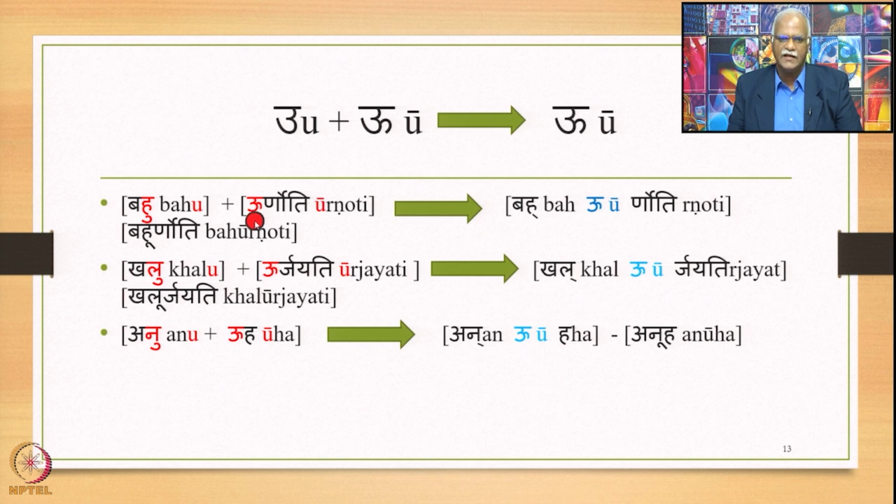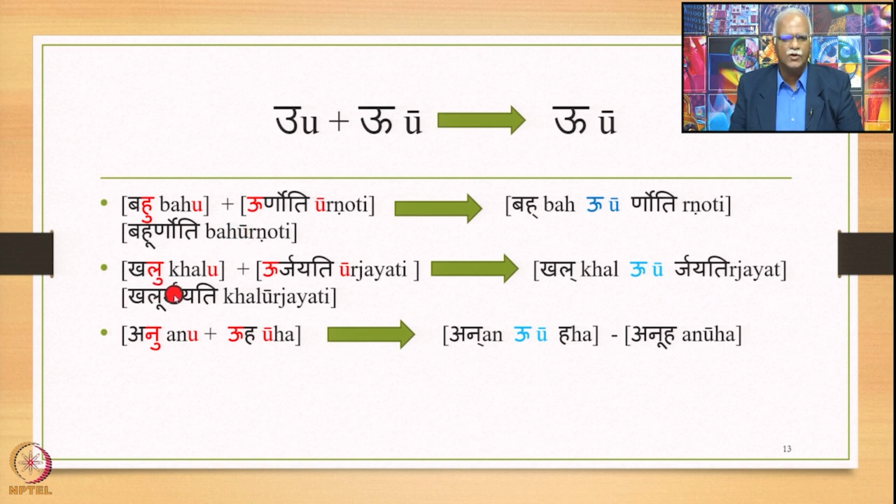The speaker intends to utter both these words in the samhita mode, and once that is decided, 6.1.101 applies. This long u is the savarna of this short u, and so 6.1.101 applies and generates the output in the form of bah, u and rnoti. When we join them together, we get bahurnoti as the output.